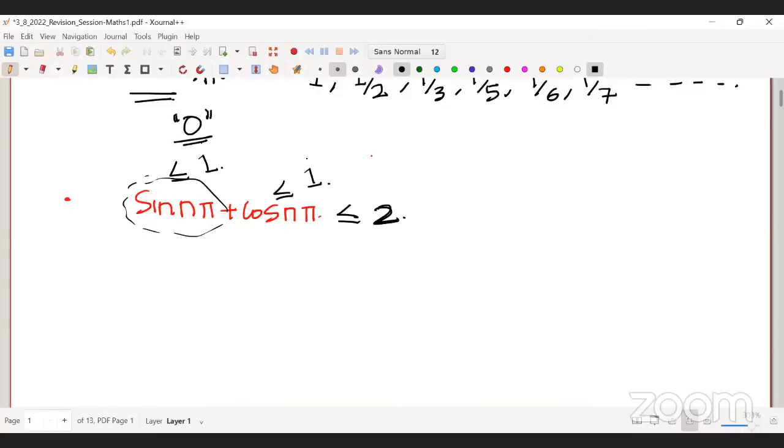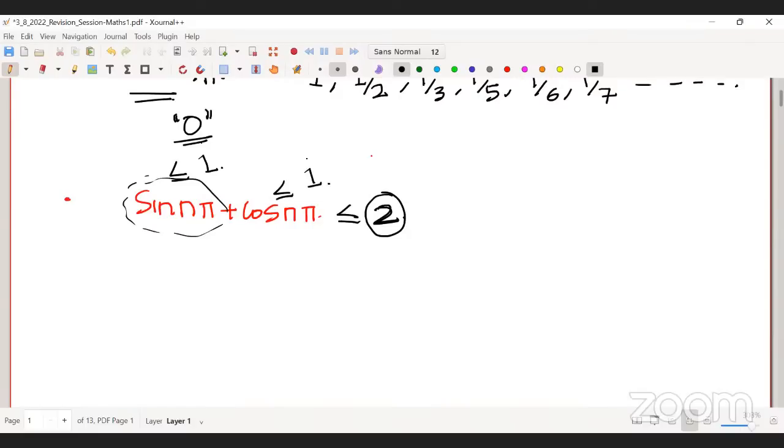So we know that sin x is always at most 1 and cos x is always at most 1, and using that I can blindly say this is at most 2. But when sine is 0, cos can be 1, or maybe also -1.